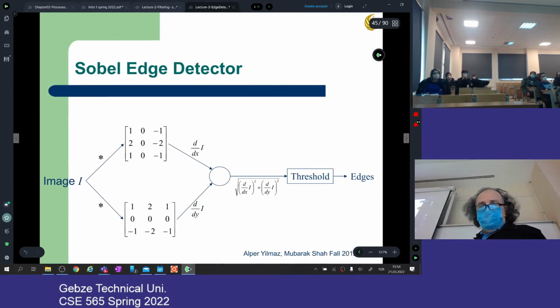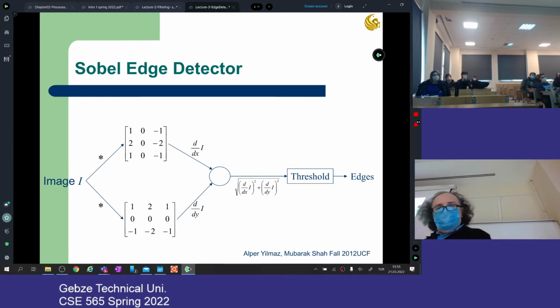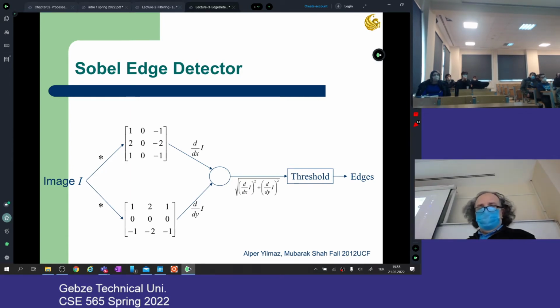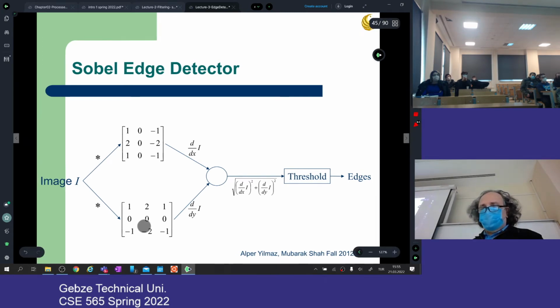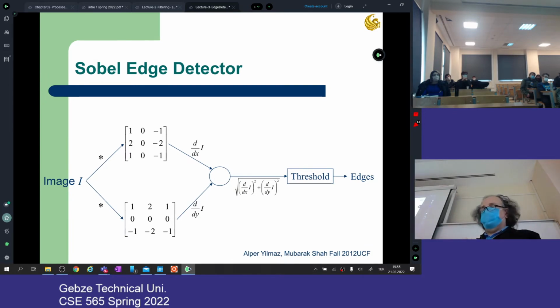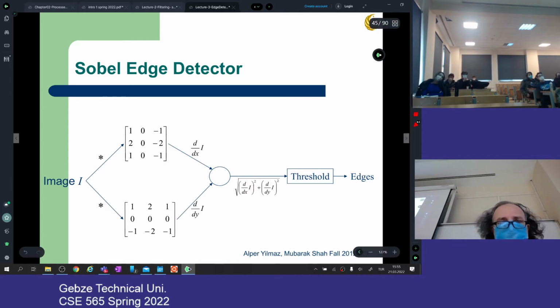And after that, this is what we do. Take the gradient in the x direction, take the gradient in the y direction. You get two images, right? X gradient image and y gradient image, and take the geometric norm of these two. That's the magnitude of these two images, and that's going to give you the magnitude of the gradient. So basically, this is your image.